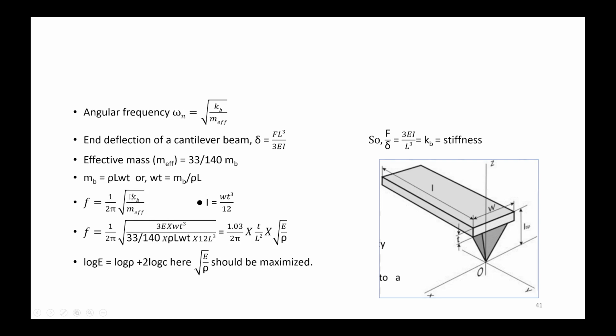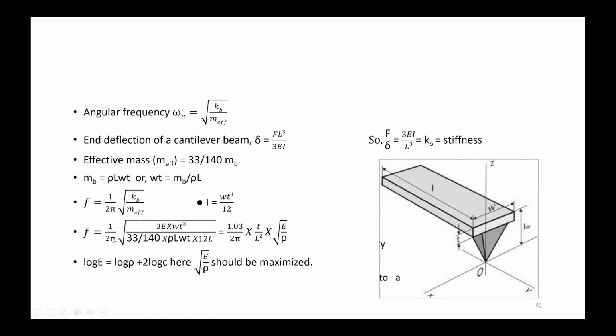Now we'll be putting the kb value and m effective value, and for that I is w t to the power 3 divided by 12. So we'll be taking this equation as well.